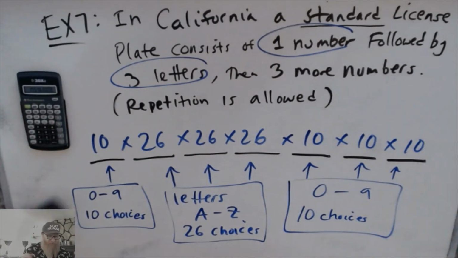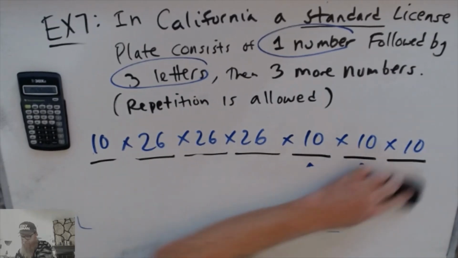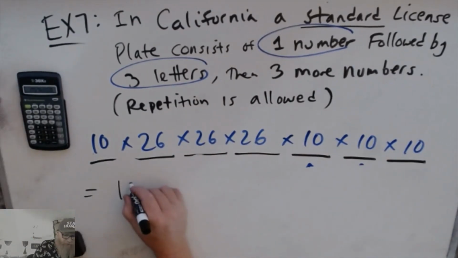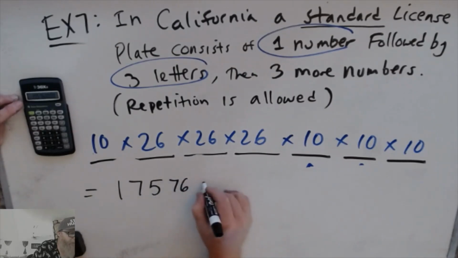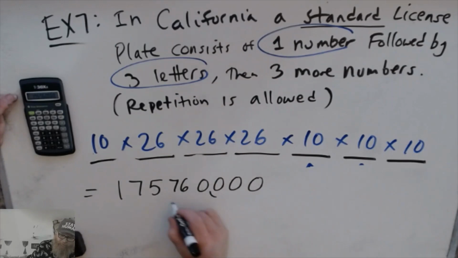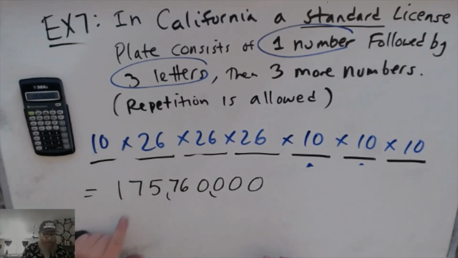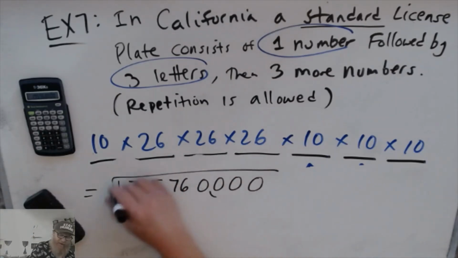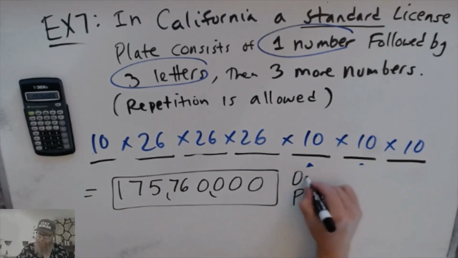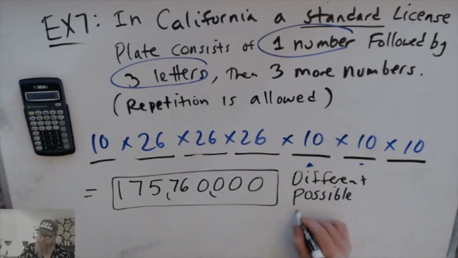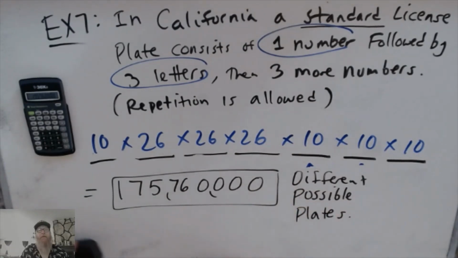And I got a total of 175,760,000 possibilities. And these are all different, because you can't have two cars with the same license plate number, so we still have some room to go.